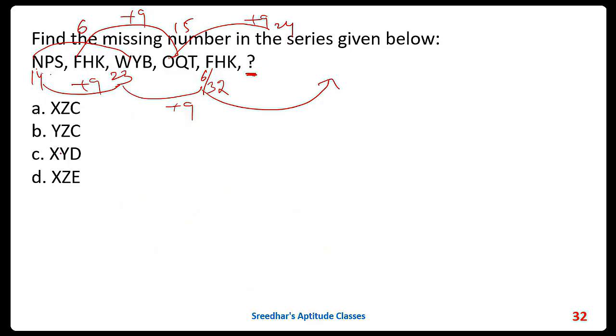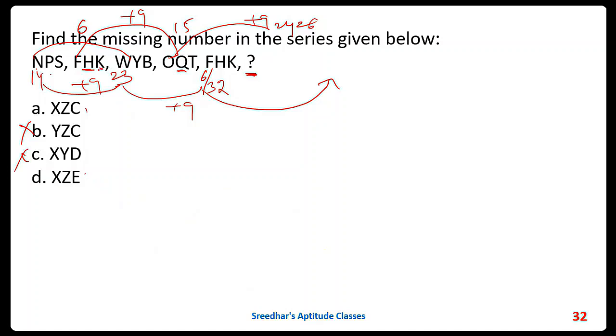24 is X, so B is eliminated. It can be A or C or D. Next, the second letter H is 8, and then O is 17, so plus 9. 17 plus 9 is 26, which is Z. It should be X Z, so it is A or D, because C is also eliminated.